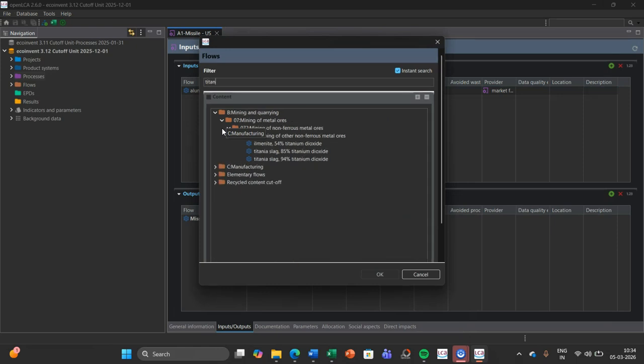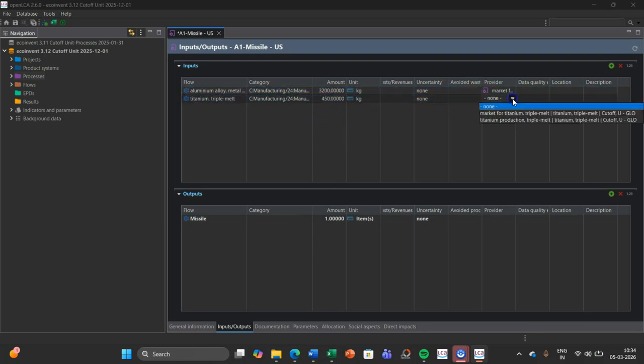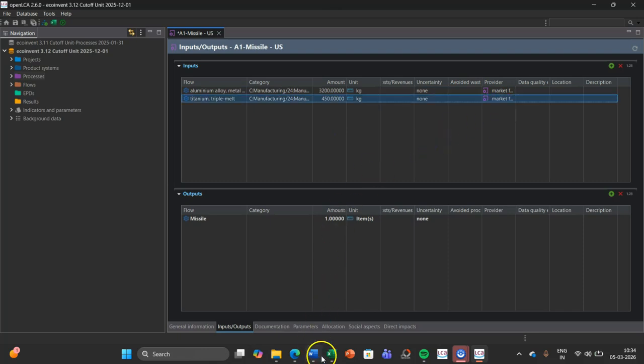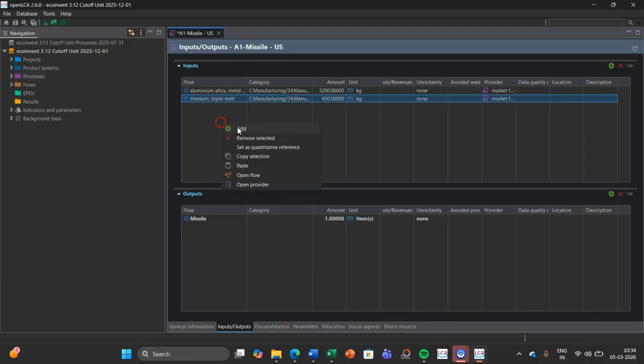Titanium, triple melt, 450 kg. Market for. Then ammonium perchlorate.